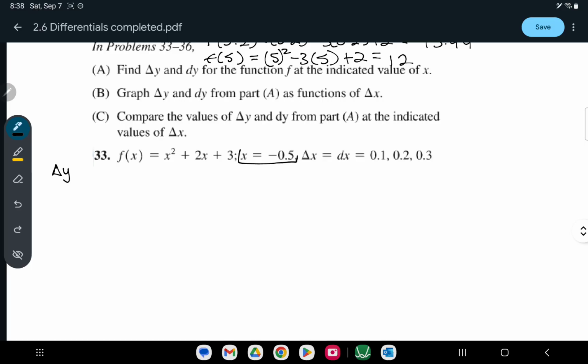I have my x value, and I have 3 different changes in x. Let's do the smallest change. So my actual change in y, I need to find the function value of negative 0.5 plus that change minus the function value at my original point.